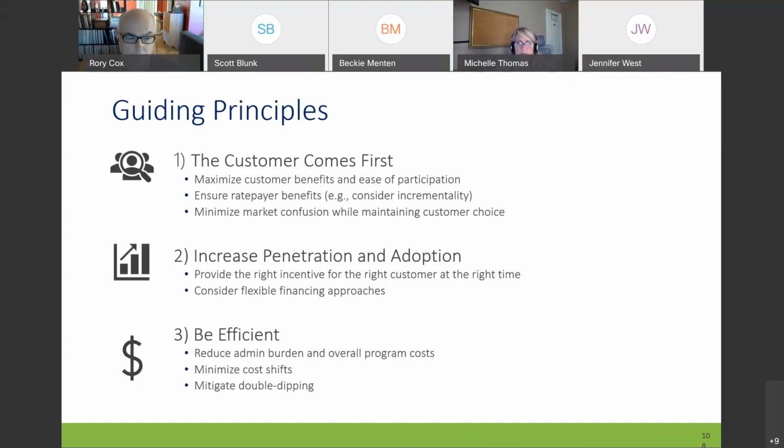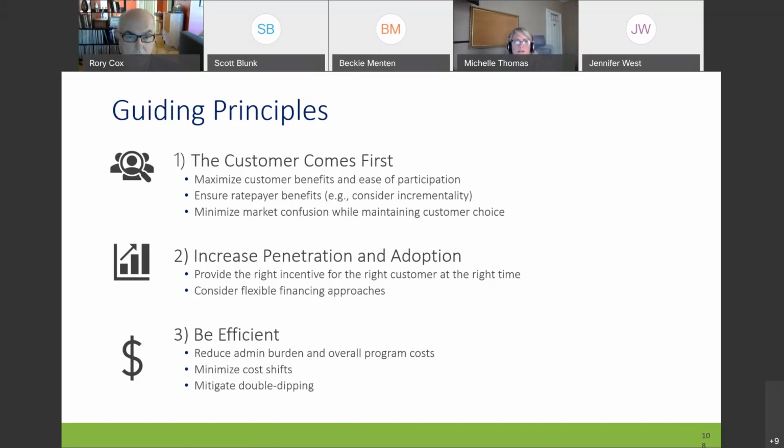Again, considering complementary incentives that provide incremental value to ratepayers. And I had mentioned incrementality, making sure that if we do layer incentives, there is truly a benefit and that we're not overpaying. And then minimize market confusion in order to help our customers make the right choice. So increasing adoption, that's ultimately the goal.